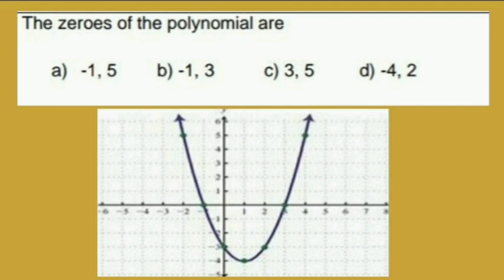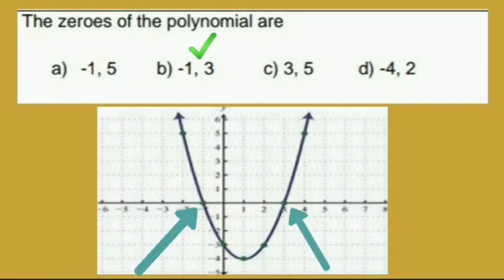So we are going to look for the point of intersection with the x-axis, and then look for its x coordinates. It is intersecting at 2 points: minus 1, 0, and the other point being 3, 0. And since the x coordinates are respectively minus 1 and 3, therefore the 2 zeros are minus 1 and 3.